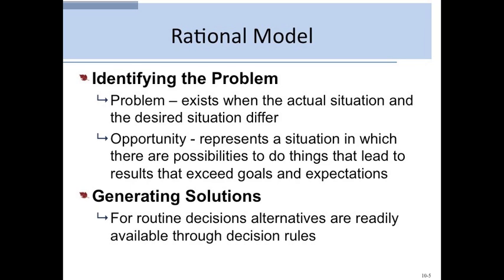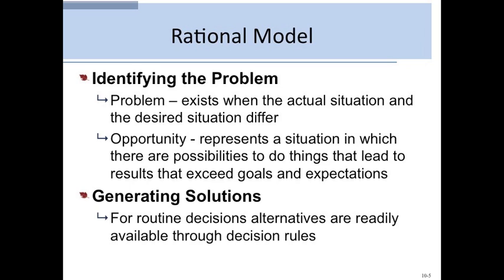So, for example, let's say we're doing a particular task without a type of technology, and we're doing it pretty well. But if we were to introduce a certain type of technology, it could actually increase our efficiency. So it would provide us with this new opportunity. While we're doing it okay now, we could even do it better. And that's what opportunities are. So problems can be these negative problems that we think about, but also opportunities.